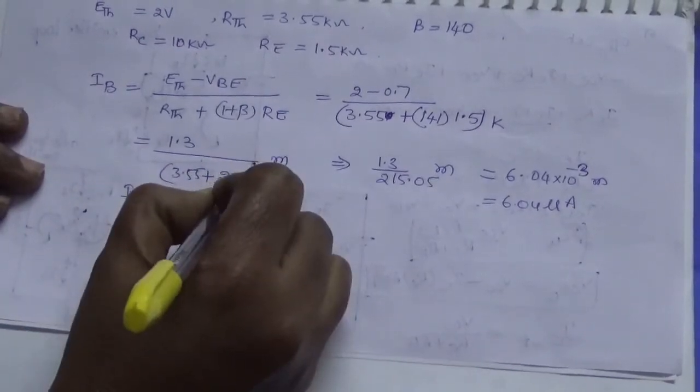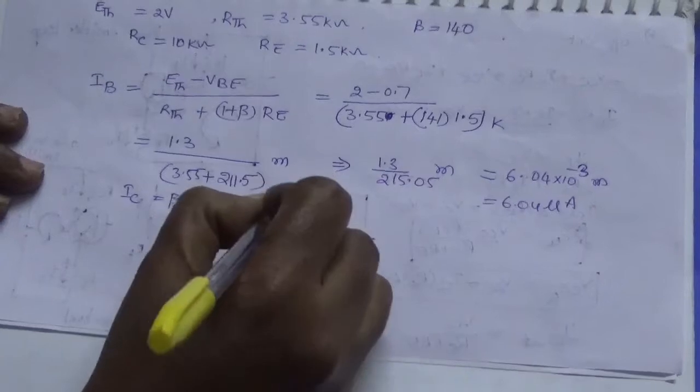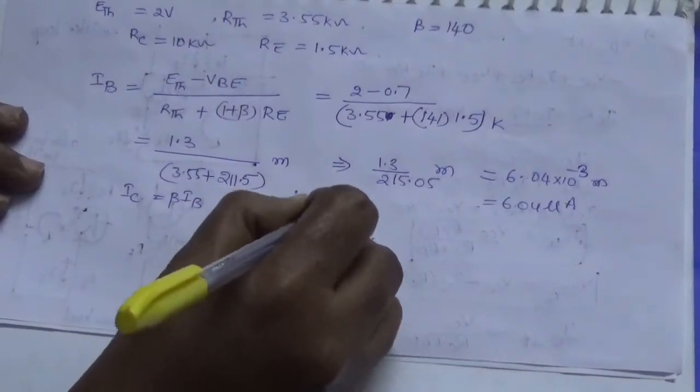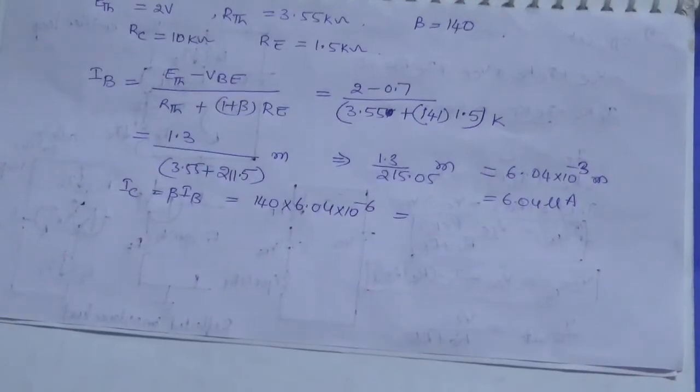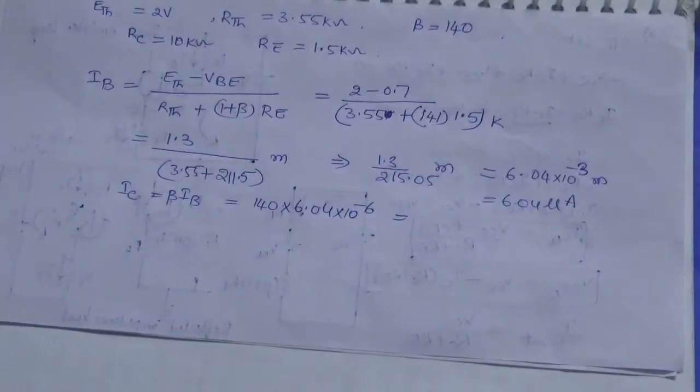So what did we get? 140 into 6.04 into 10 to the power of minus 6. So that is going to be 140 into 6.04, which is equal to 845.